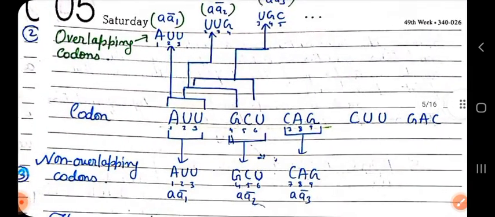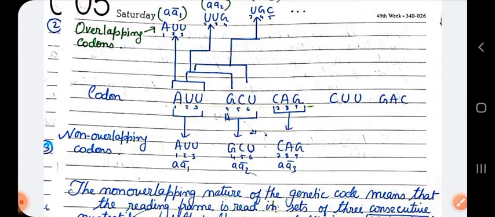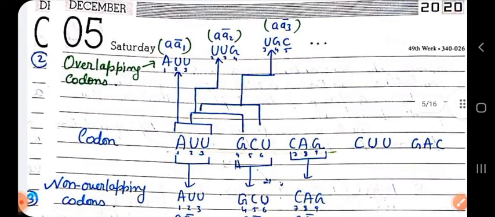So this is what I say about overlapping and non-overlapping codons. Let us try to explain it in an easy way. You can see the codons arranged right next to each other.